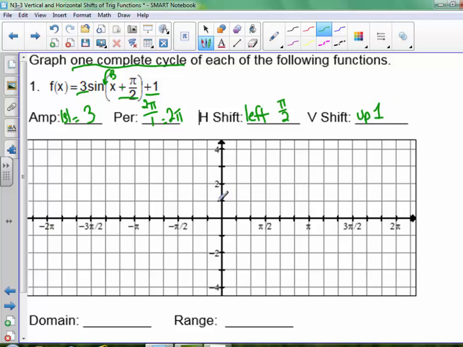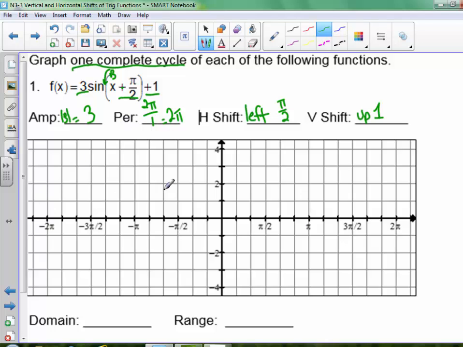Okay, since we're shifting, and the original sine and cosine graphs began at 0, 0, or at least on the y axis, and then moved out from there to the right, that was our original period of sine.